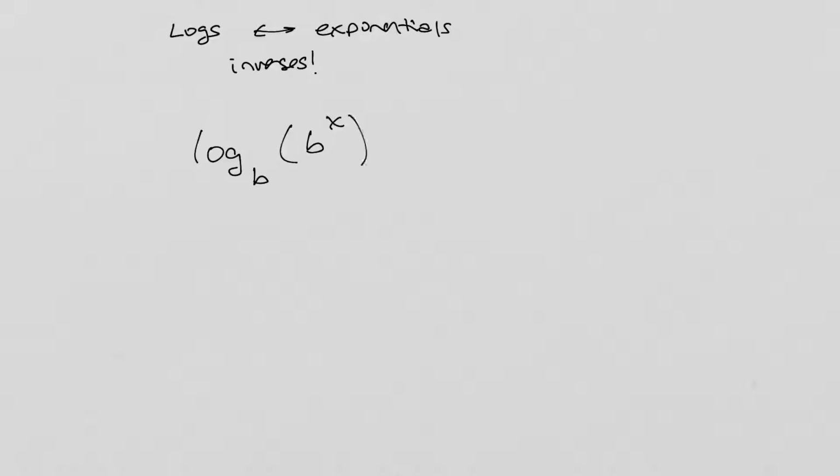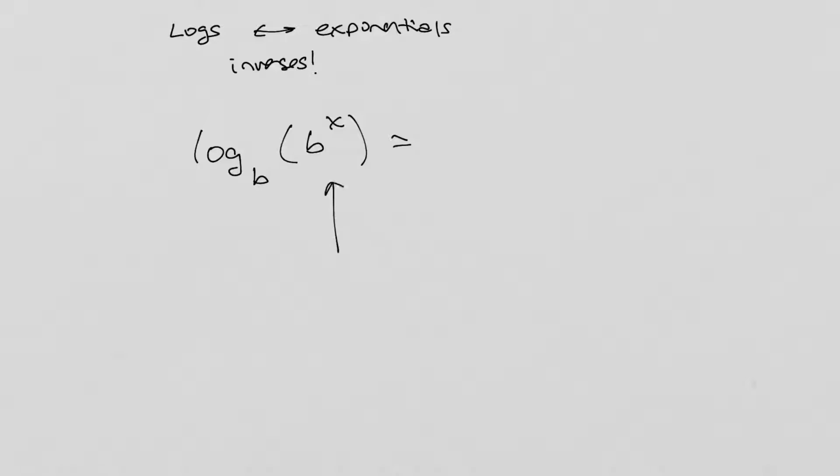All right. As I mentioned before, logarithms and exponentials are inverses of each other, which means they can undo each other. And the thing you have to be careful of here is that you want to make sure that your two bases are the same thing. For instance, if I had log base b of b raised to the x.